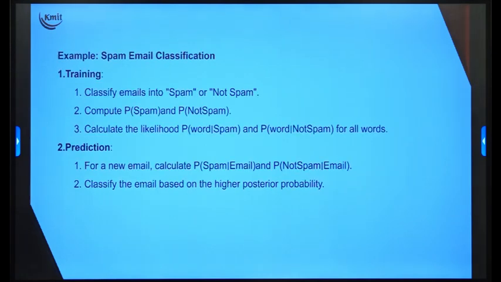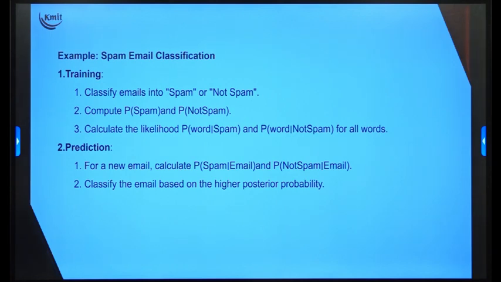Now let us understand the naive Bayes classifier algorithm in detail by looking into one example. Let's consider spam email classification. There are two steps in carrying out the algorithm. First is called training and the second one is called prediction. As I told you, naive Bayes classifier is mostly used for text classification.